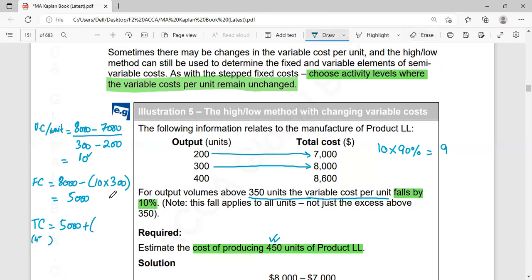The reason? Because it falls by 10% after 350 units. Yes, exactly. You are right. So 9 times 450. Multiply it and tell me what the answer will be.